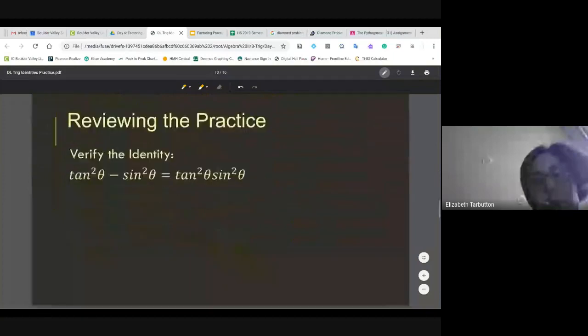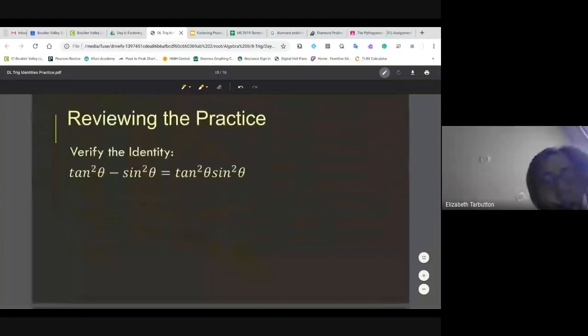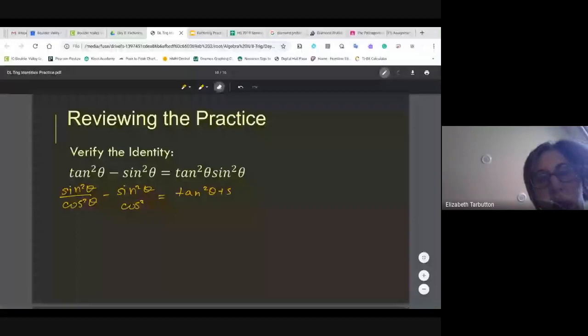Okay, so what I did here is that for tan squared theta, I substituted in sine squared theta over cosine squared theta. And now you can see that I have fractions. Oh, there's no denominator here. Sorry about that.